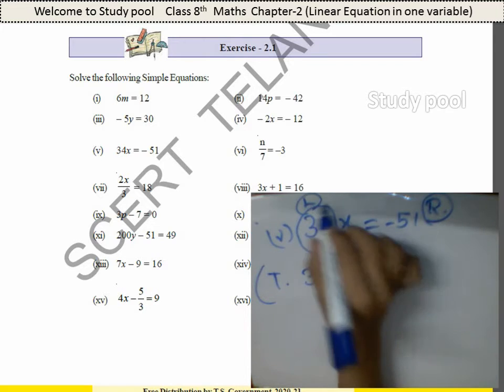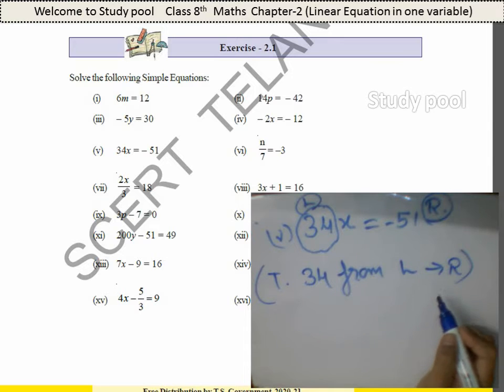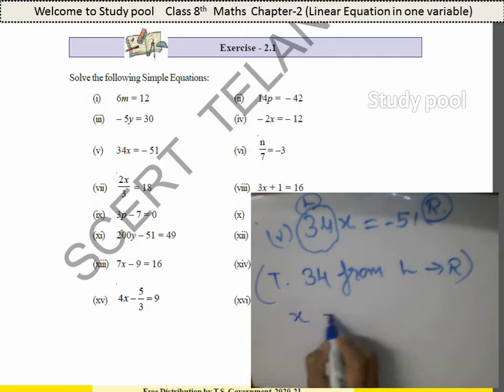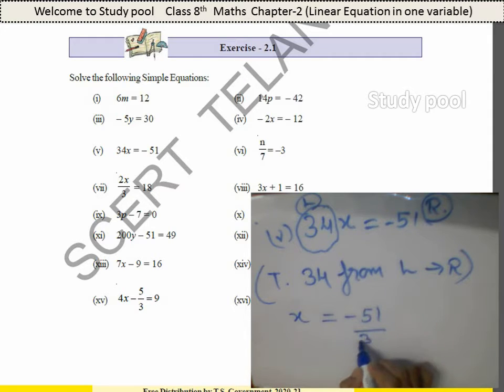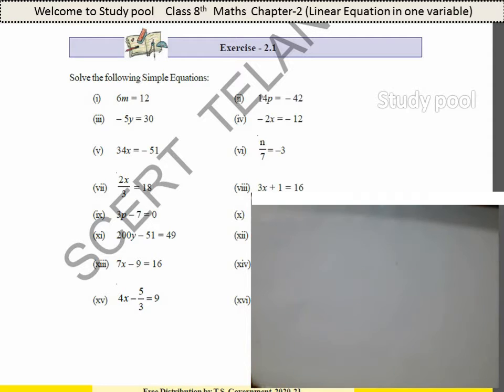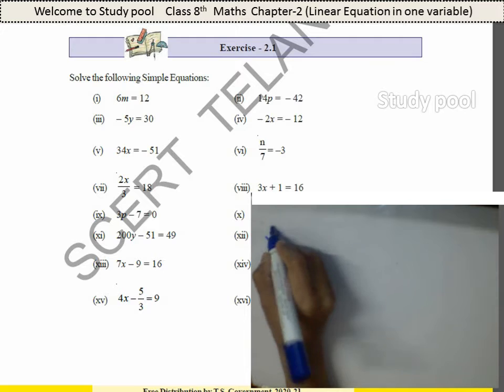So from where to where? From LHS to RHS. Now what happened then? x is equal to minus 51. This 34 will come down at the denominator. Now we'll see the sixth one.